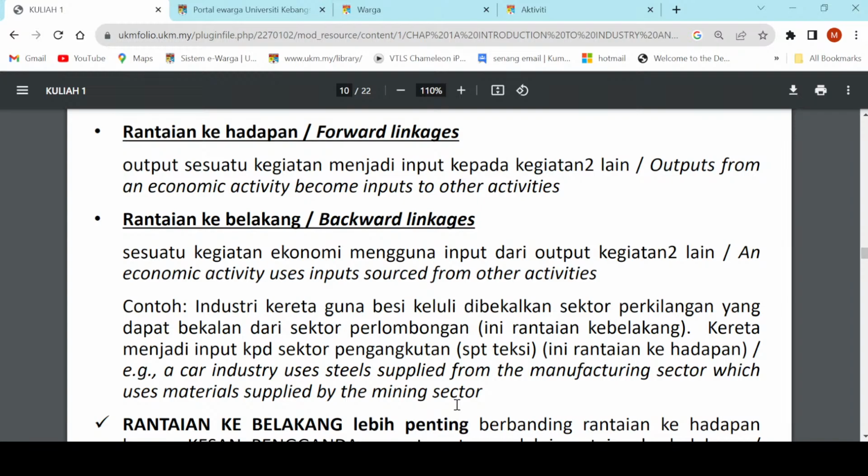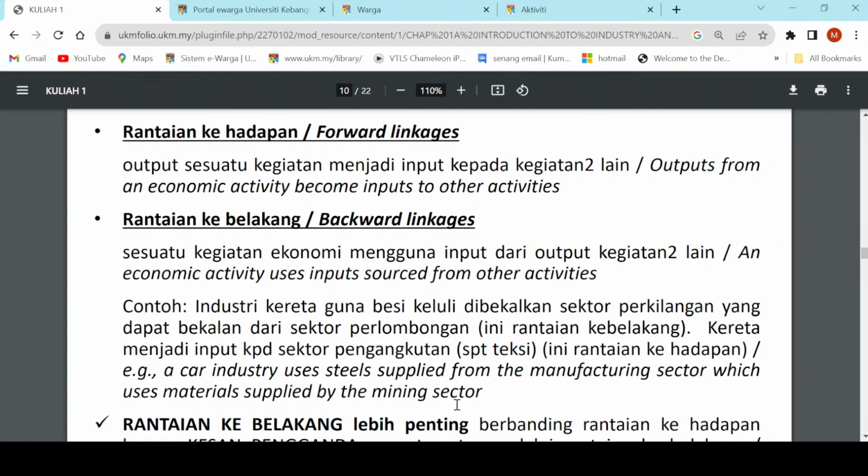That's why I keep using the word theoretically, to give a caveat to what I say. Caveat. So the backward linkages are more important than forward linkages because of the multiplier effects triggered by the backward linkages.